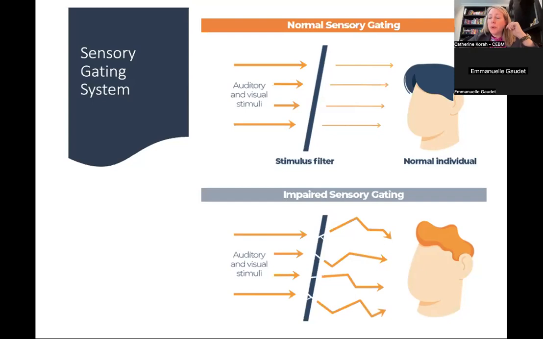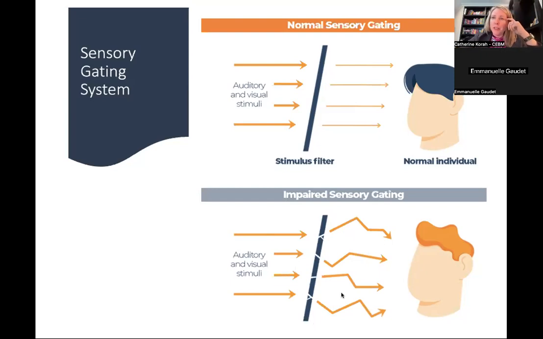In comparison, for a neurodivergent individual, the sensory gating system doesn't function in the same way. It is somewhat perforated, and stimuli can get through in a way that is out of the control of the neurodivergent person.